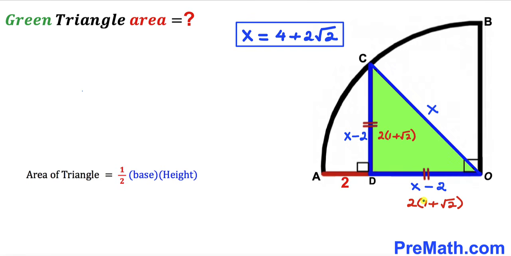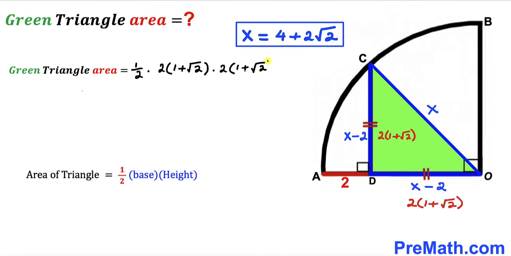Area is always equal to a half times base times the height of the triangle. And in our case, the base of this triangle is 2 times 1 plus square root of 2. And likewise, the height is 2 times 1 plus square root of 2 as well. So therefore, this green shaded triangle area is going to be a half times our base, 2 times 1 plus square root of 2, and likewise, 2 times 1 plus square root of 2 as well.